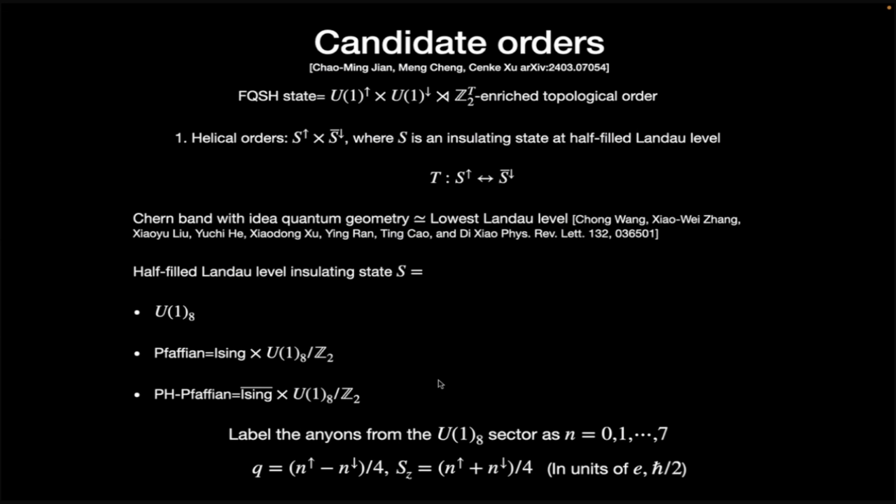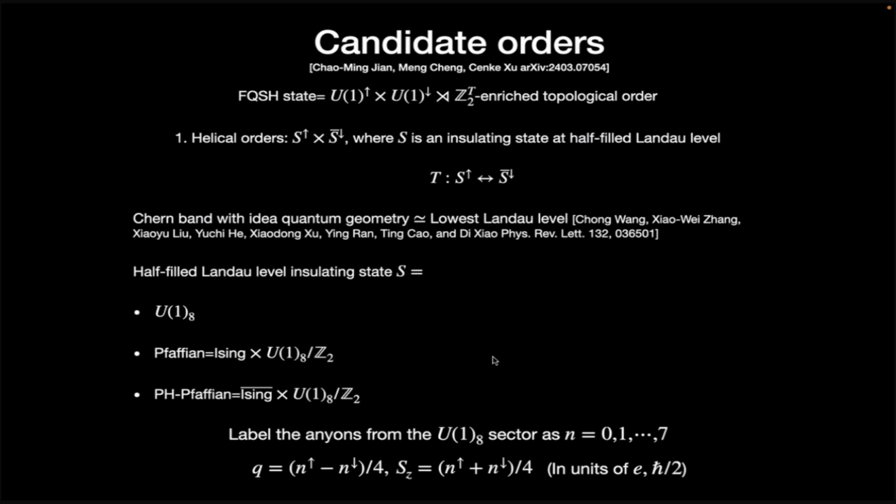If we label the anyons from the U1 level 8 sector as an integer n ranging from 0 to 7, we have 2 integers, one for the U1 level 8 in the spin up sector, and one for the U1 minus 8 for the spin down sector. We can call these 2 integers n up and n down. Then the charge and spin of anyons are related to n up and n down in this way.